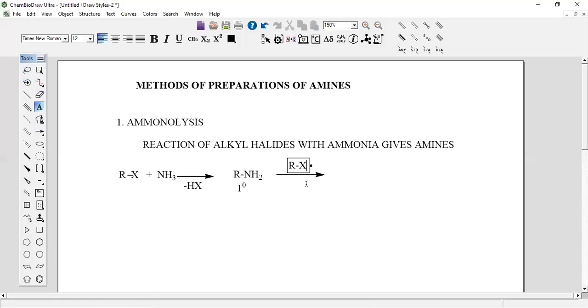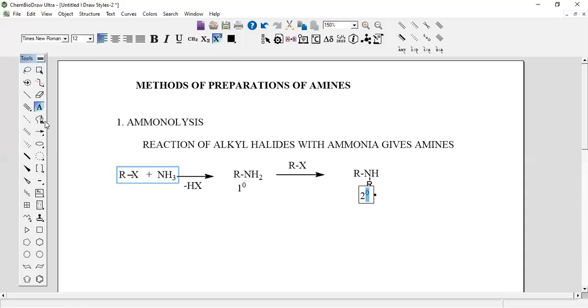Already there is one alkyl group, and now another alkyl is added here. So what is the nature of this? This is a secondary amine. The secondary amine is formed like this.